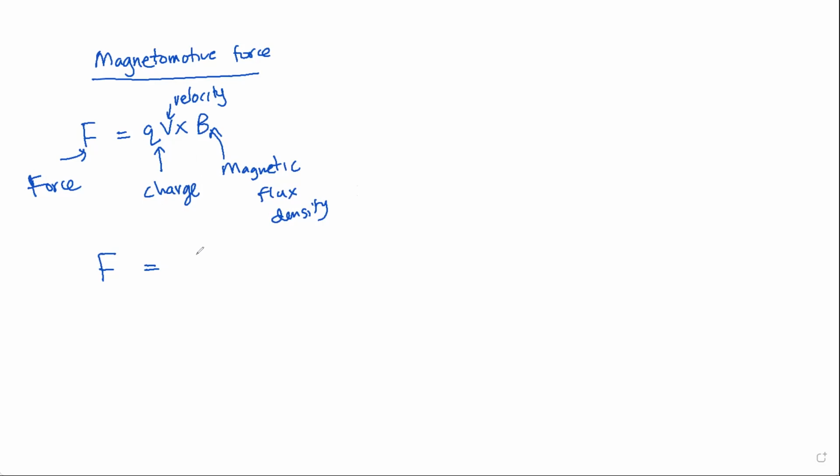So yes, we can write that V cross B is equal to V magnitude, B magnitude, sine theta, and what else?